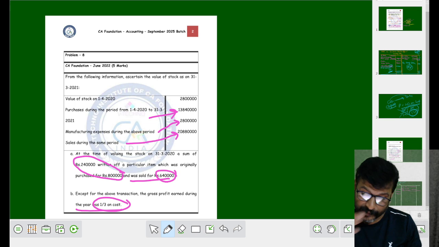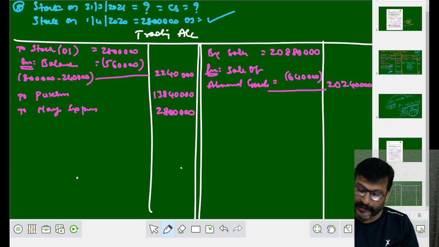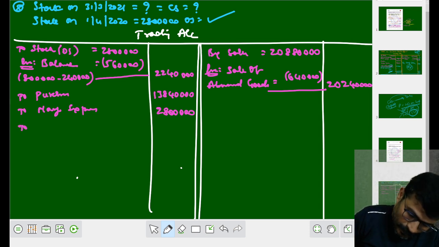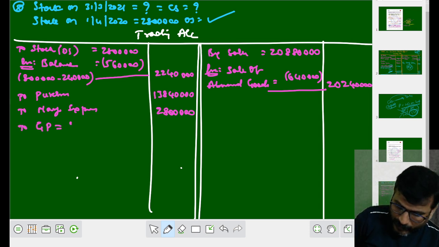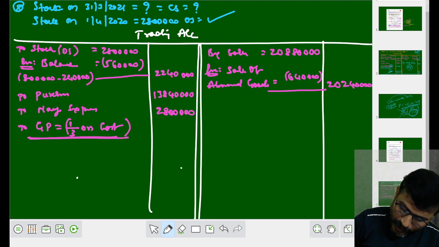Fine. Later on, at the time of valuing the stock, everything is taken. Profit is 1 by 3 on cost. 1 by 3 on cost means, use a calculator, 1 by 3 means 33.333 percentage on cost.